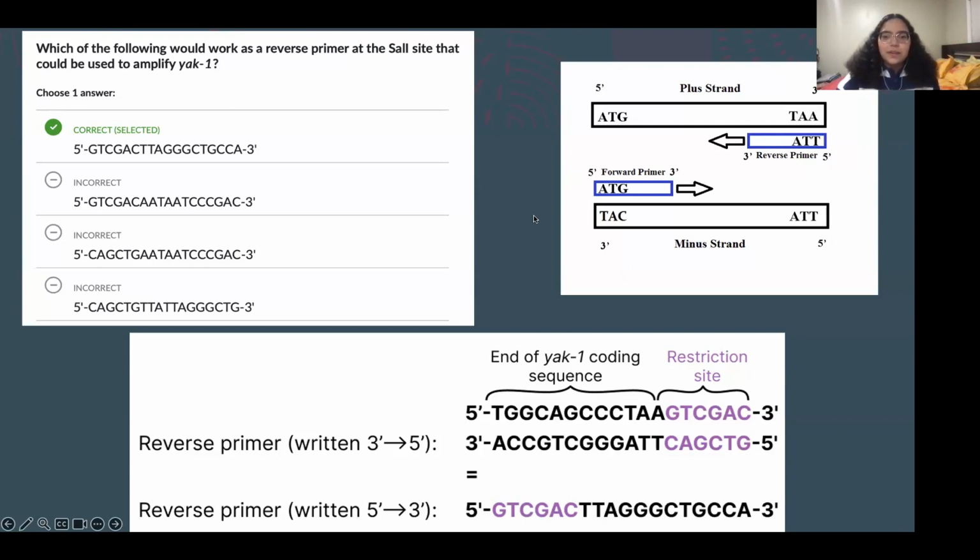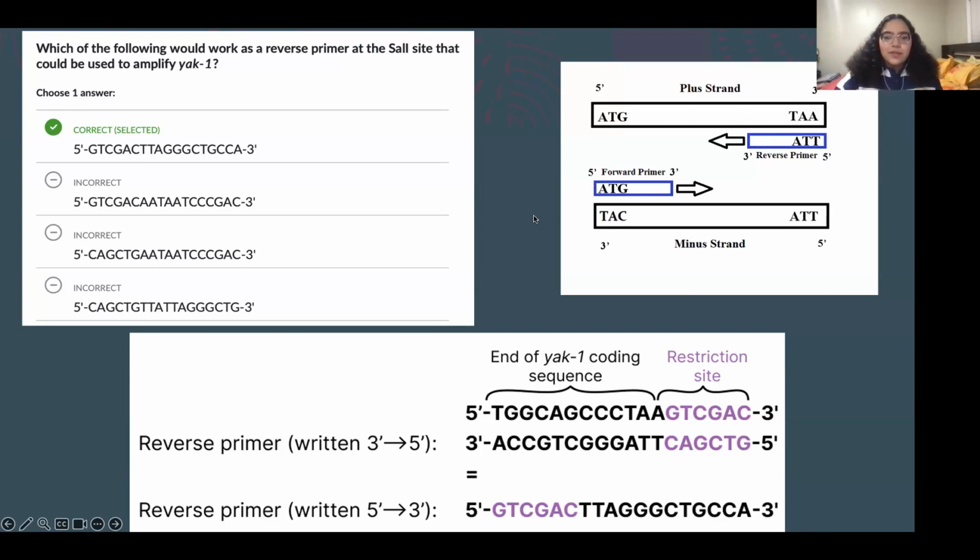For a reverse primer, sorry, you need the 5' end to match that end. So you need the reverse complement of the coding strand that you're given, but the primer also needs to integrate the restriction enzyme site.